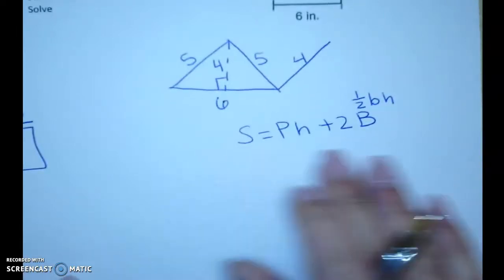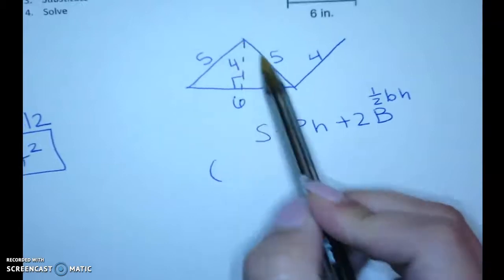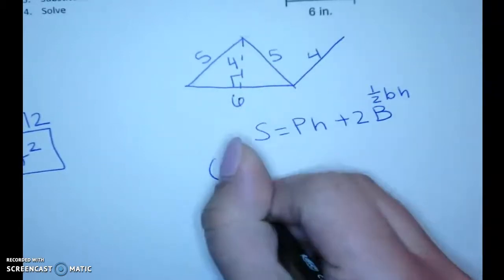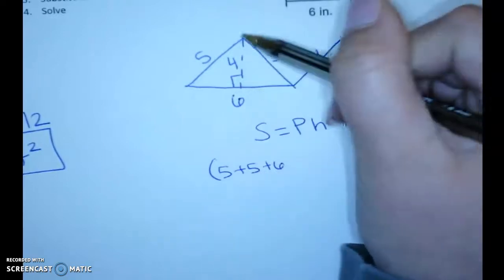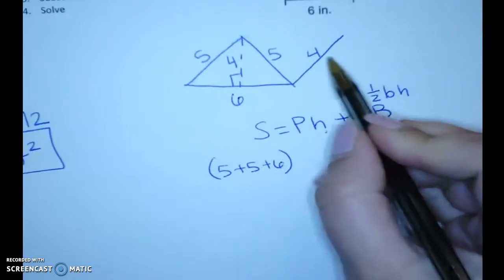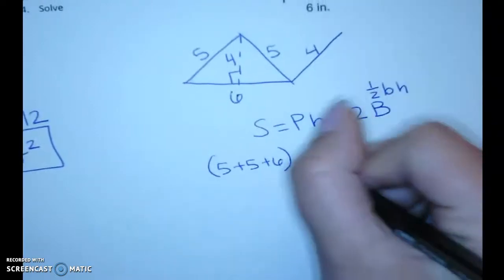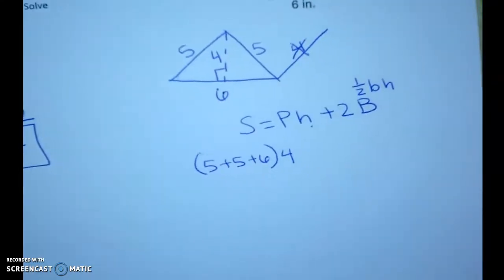All right, so now we're just substituting in. So for perimeter, it's the outside of the triangle, 5 plus 5 plus 6. Notice I'm not using the 4 because it's not one of the outside edges. Then H, remember, is this number right here. So it's 4, but we're going to cross it off because we're not using that 4 anymore.